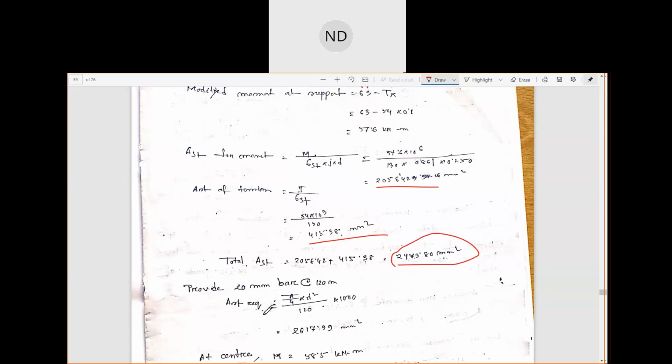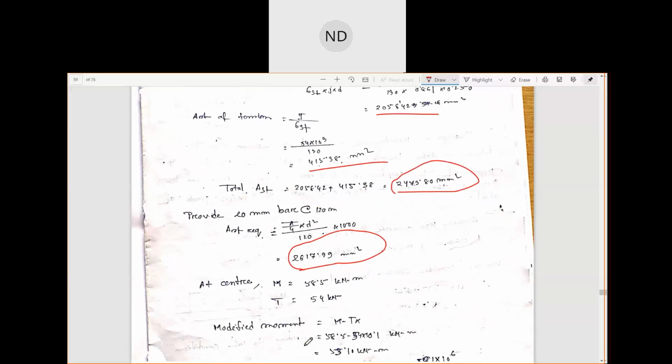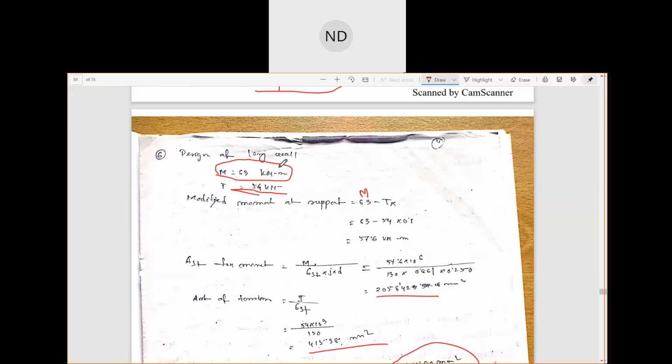So the area of steel provided will be pi d square by 4, into 1000 by this spacing. This is the area of steel required at the supports. We were doing the design of the long wall at the support.